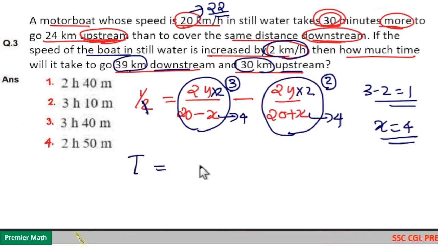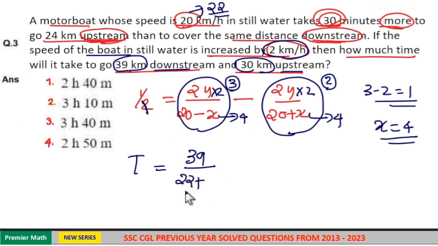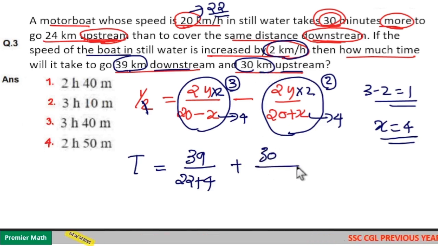So time taken is equal to 39 km over downstream speed, which is 22 plus 4, plus 30 km upstream, where upstream speed is 22 minus 4.